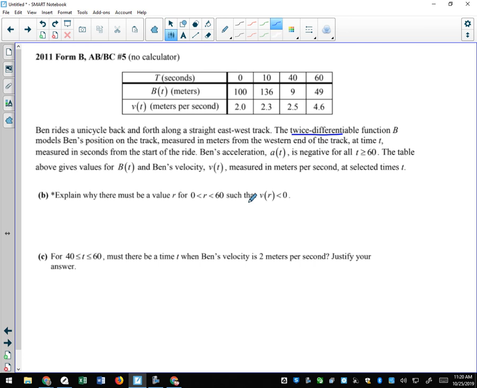Okay, that would be a good thought, intermediate value. The problem is with intermediate value, you actually look at the function itself and you want to see something that forces the velocity into negative land. Unfortunately, all my velocity values given are positive, and intermediate value wouldn't work. What does it say in the problem? Okay.